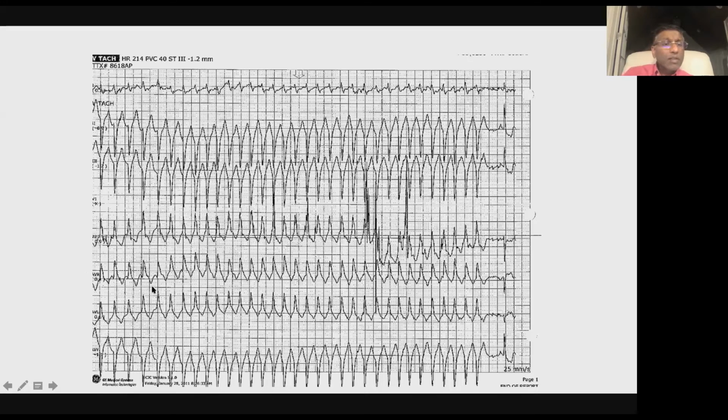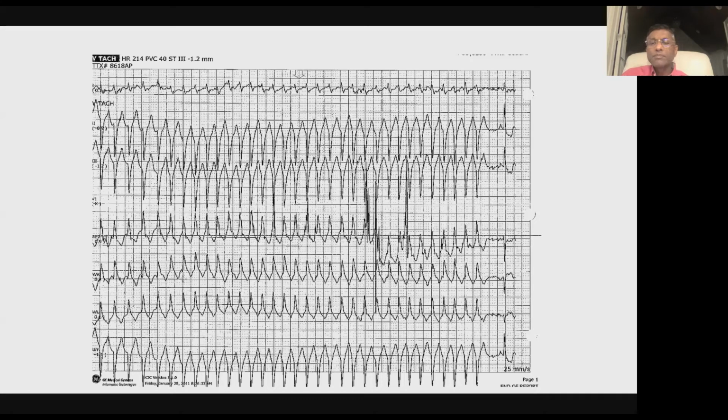And if I'm not mistaken, what leads did I give you here? This is lead V1. This middle lead right here, this is V1. Do you see my pointer? Yes, sir. And this is lead 1, 2, 3, V1, AVR, AVL, AVF. So this wide complex tachycardia, is it a right bundle type or a left bundle type?